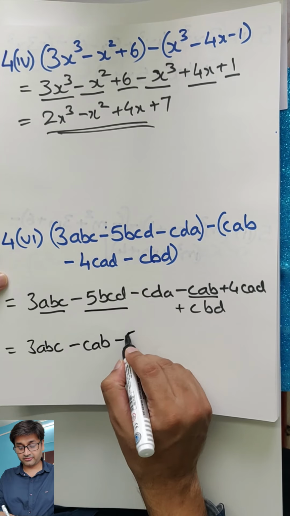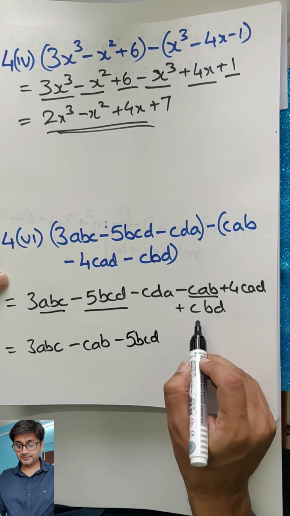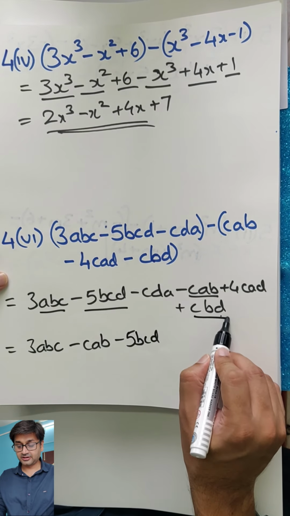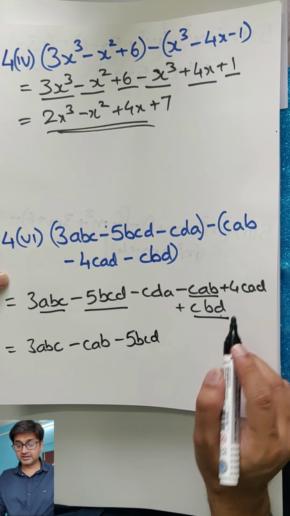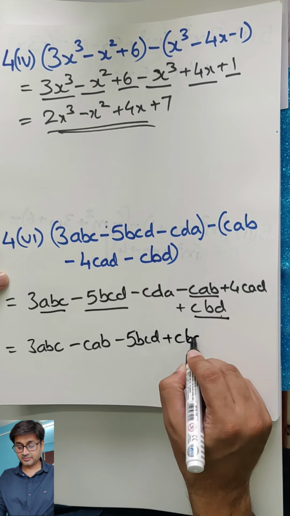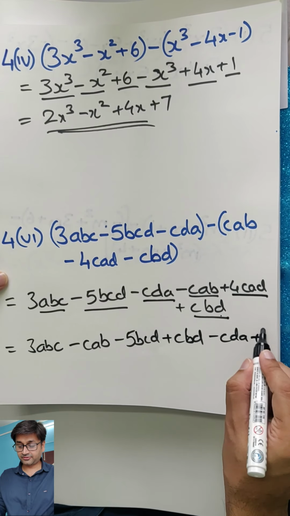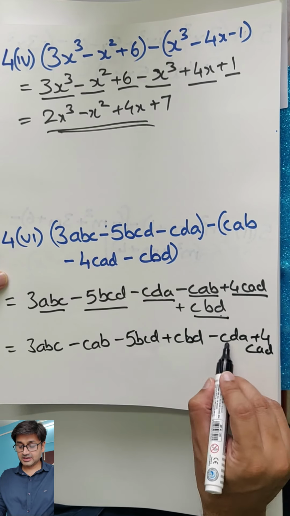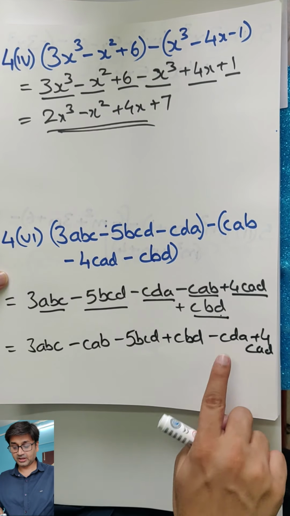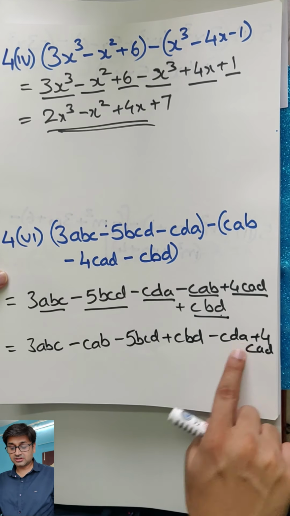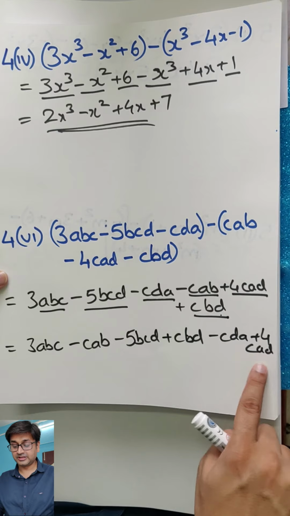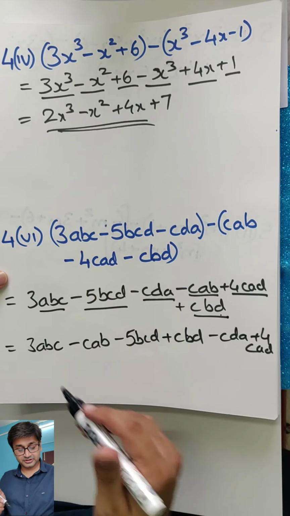So let's take the next one, 5BCD. So BCD is right here. This is no BCD, this is no BCD. So plus CBD. Then minus CDA and plus 4CAD. See, CAD, CDA, they are the same. If their positions are changed, that doesn't matter. The degrees have to be the same and the variables have to be the same. Okay.